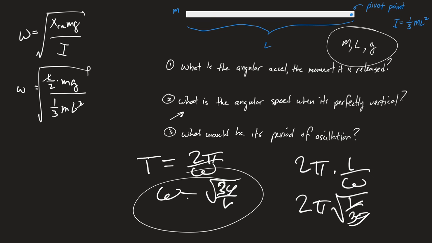And you'll cancel an L, you'll cancel the m, but you get square root of 3g over 2L for omega. The two omegas are not the same. This omega is the angular frequency. It lives inside the sine or cosine function.